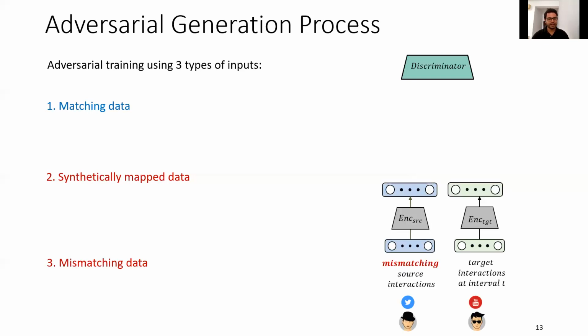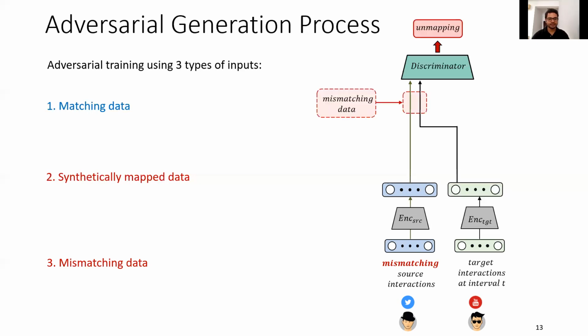That means we provide data from maybe two different users or from the same user at two different time intervals. And in this case, since these are unmatching data, the discriminator should correctly identify them. And so it helps to make a more effective and powerful discriminator. That means the generator will also become strong as well, since they learn in an adversarial manner.